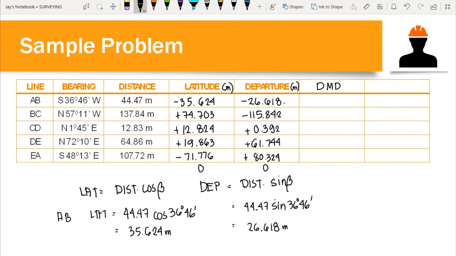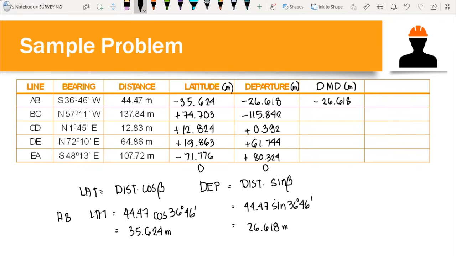The value of our first departure is negative 26.618, so we copy negative 26.618 here.